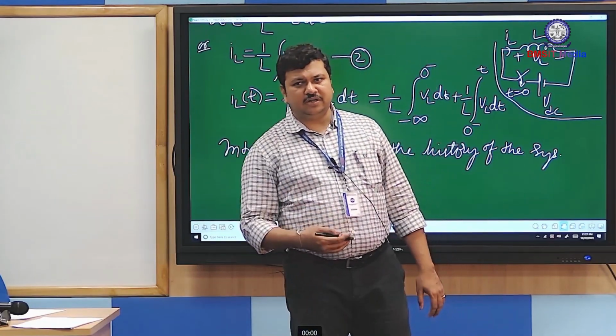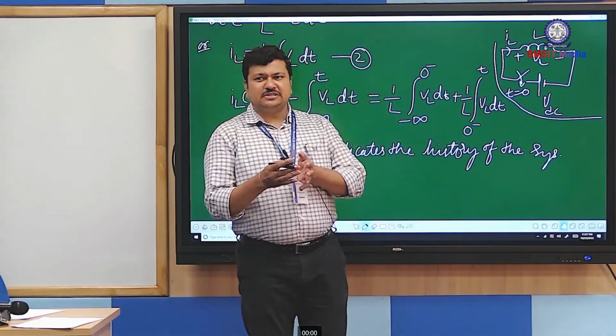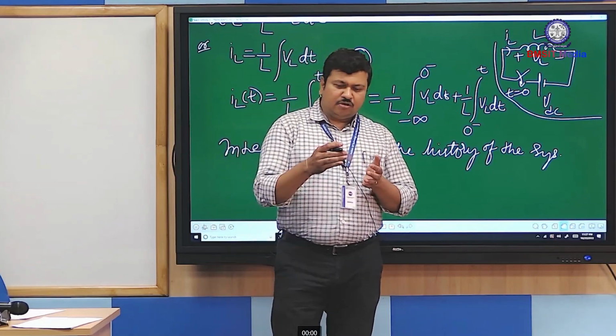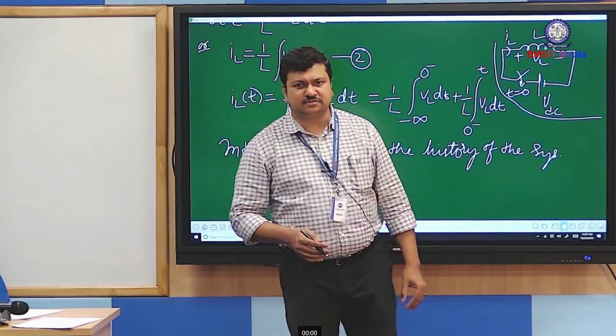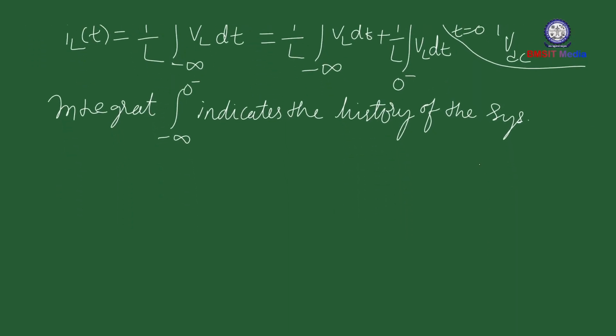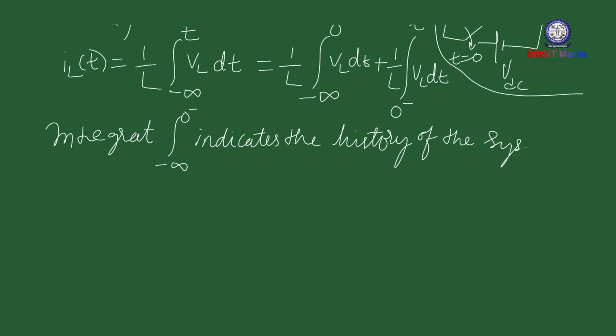We already defined in the previous lecture that the conditions prevailing at the t equal to 0 minus instant are the initial conditions of the system, represented as I of 0 minus.